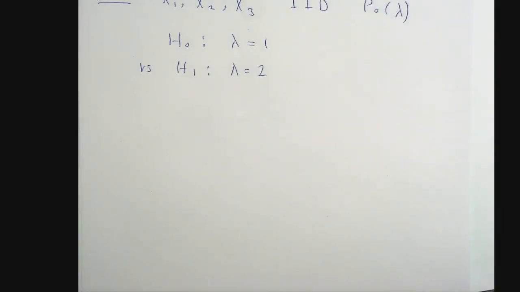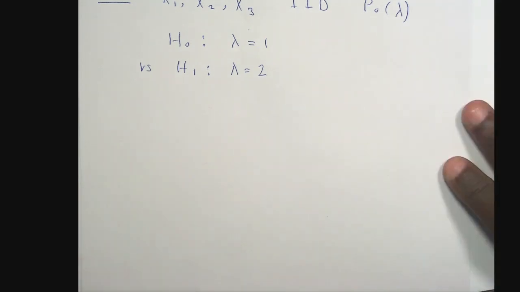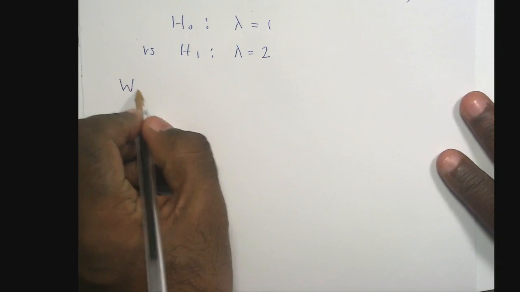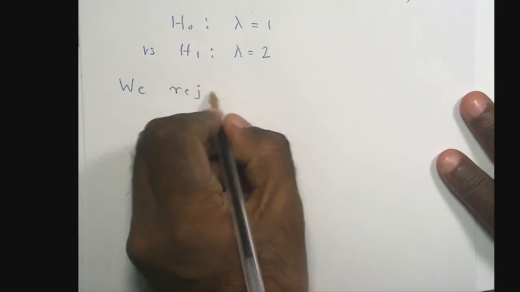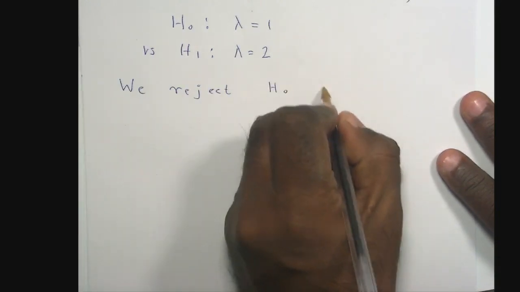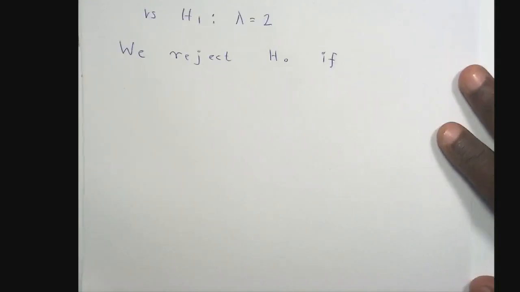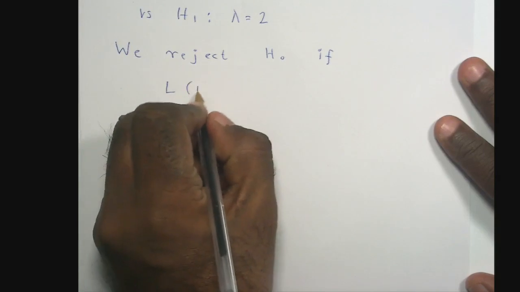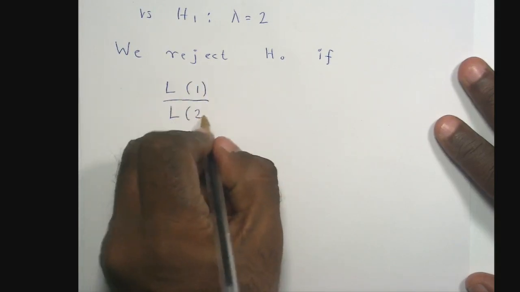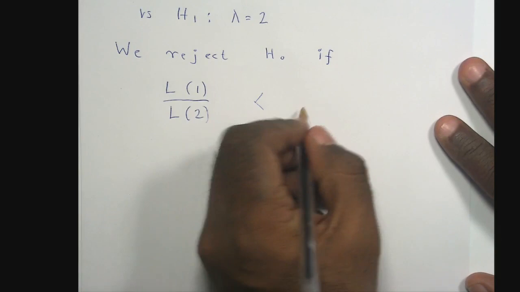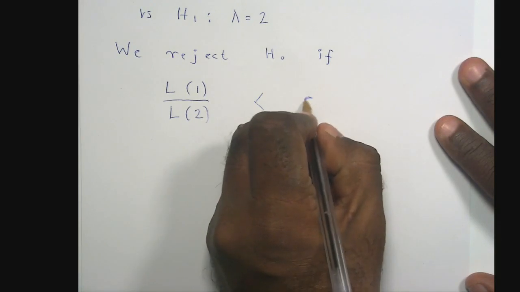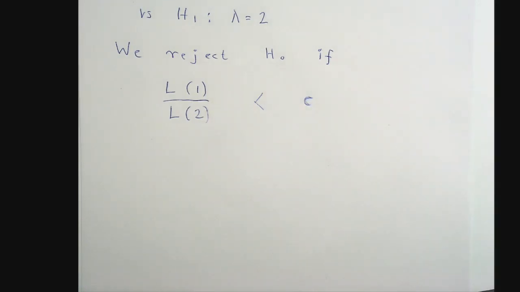Now, if you look at the NP lemma in the lecture notes, it says we reject the null hypothesis if the ratio of the likelihood at 1 divided by the likelihood at 2 is less than a constant c.